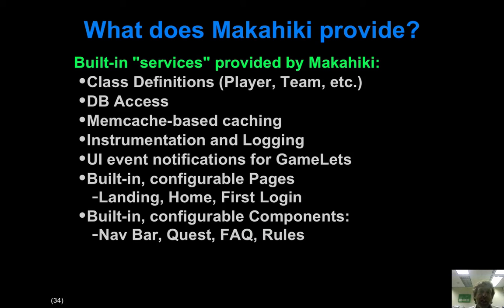Okay, so what does the underlying game engine provide? The notion is that the services the framework provides are these definitions of the framework classes like players, teams, challenge, round info, etc. It will provide persistency, caching, instrumentation and logging, and UI event notifications for gamelets.